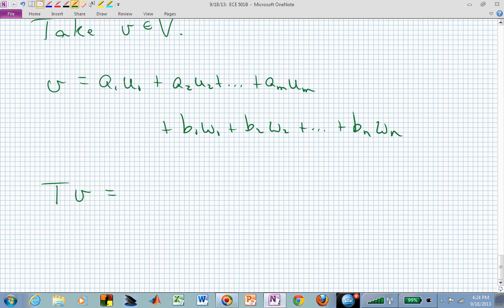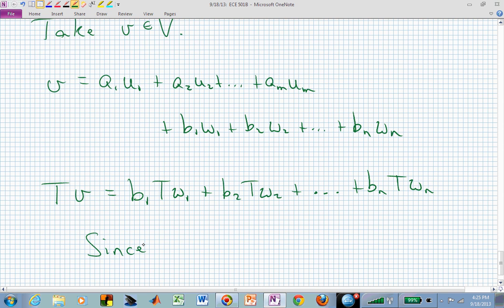So Tv is going to be b1 Tw1 plus b2 Tw2 plus all the way down to b sub n T w sub n.